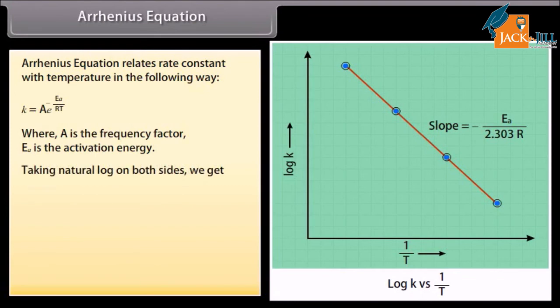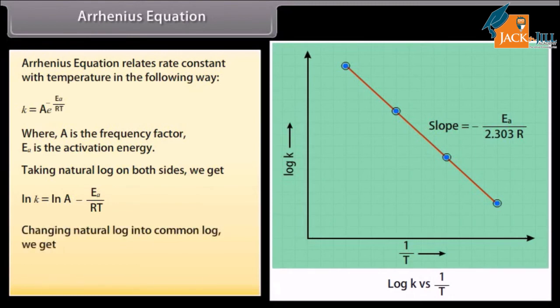Taking natural log on both sides, we get natural log K is equal to natural log A minus EA upon RT. Changing natural log into common log, we get log K is equal to log A minus EA upon 2.303 RT.